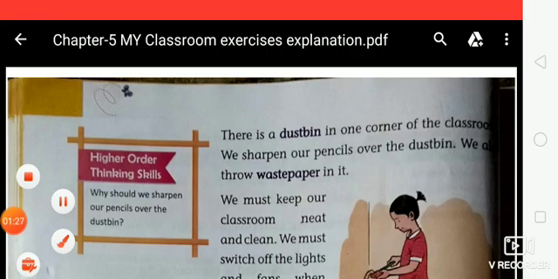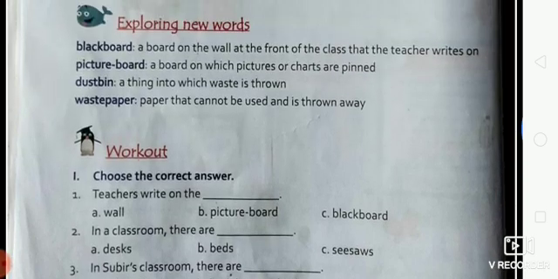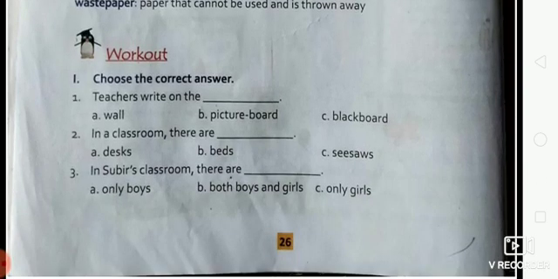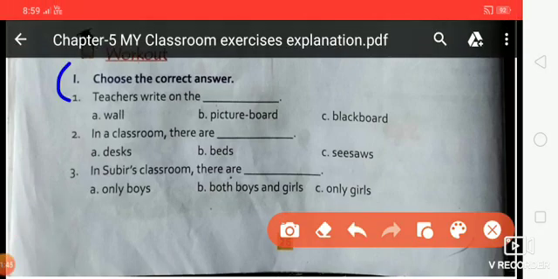Now students, look at your book. This is your exercise 1. In exercise 1, you have to choose the correct answer.